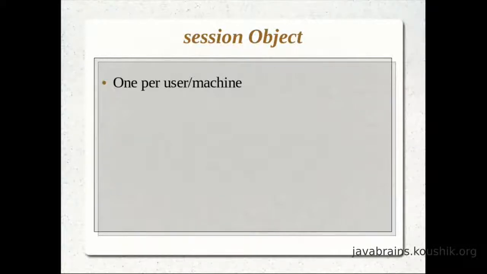This is at a very high level. We need to understand that for every user accessing the application on a browser, there will be one session object that's created and provided to us by Tomcat. So objects are available across requests by using the session object, so that you can persist data across different requests. Of course, for that same user and machine.